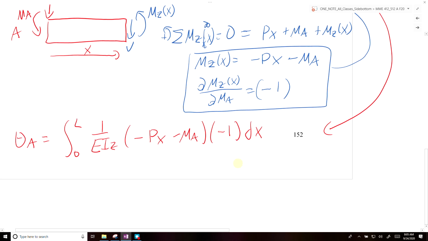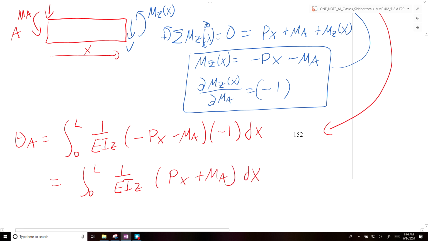If we multiply all this through, we get the integral from 0 to L of 1 over EIz times P x plus MA dx.